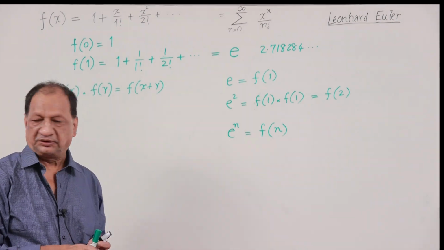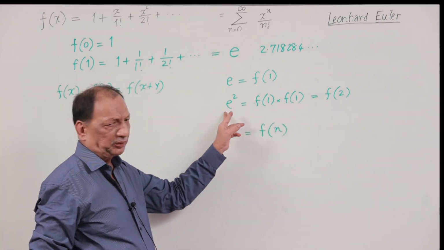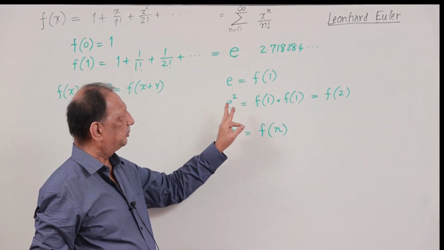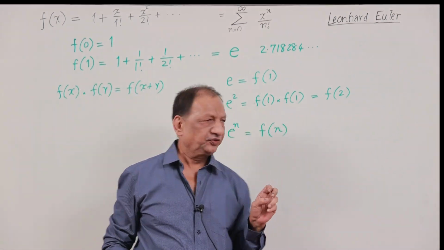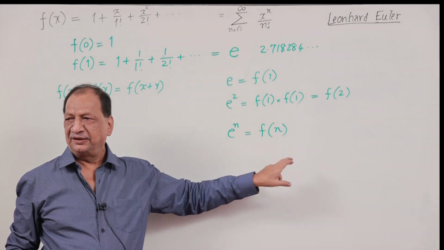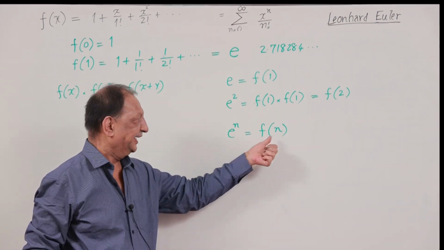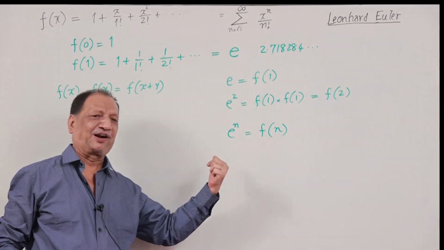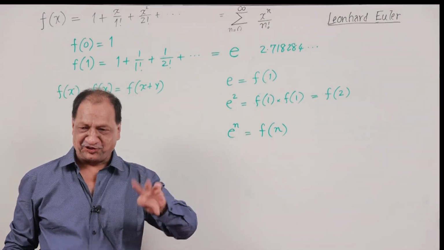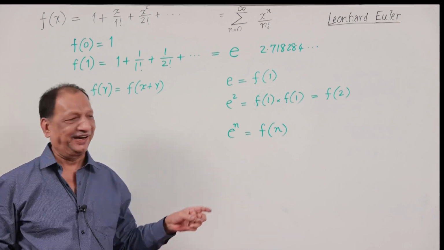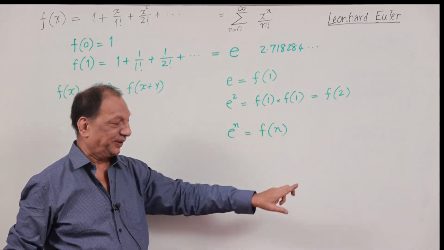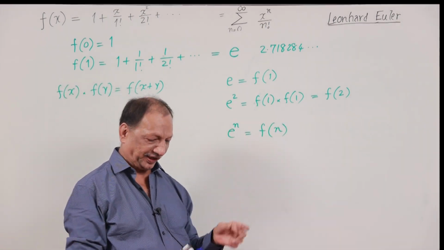You understand? Just by multiplying. You multiply once again by e, e squared multiplied by e will be f(3). So what is e power n? It is f(n). So now for any natural integers, we find f(n), now we read it the other way around. What is f(n) is actually e power n. I derived it as e power n equal to f(n), but actually f(n) is e power n.